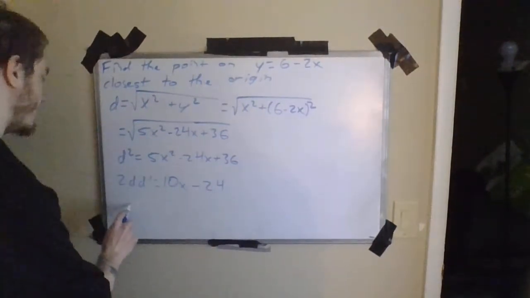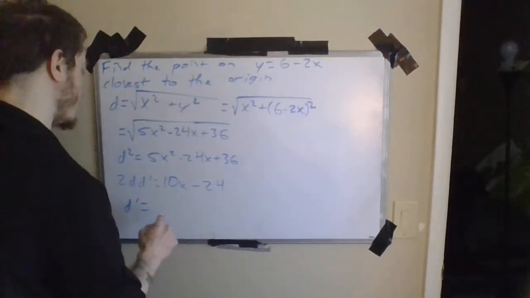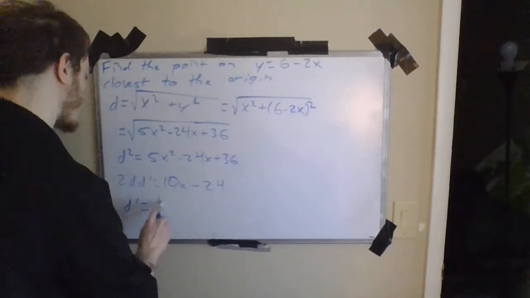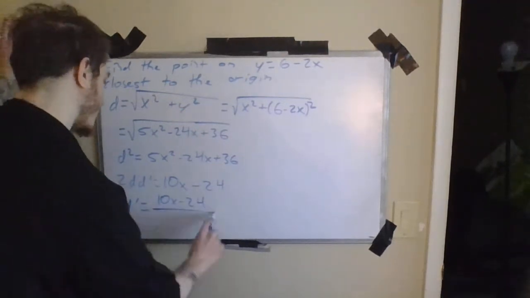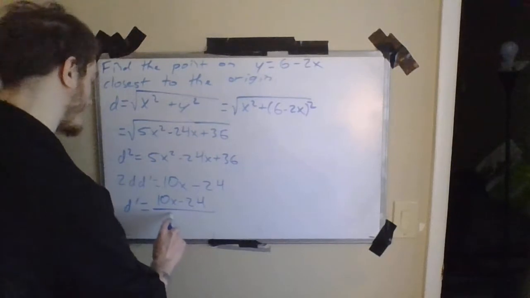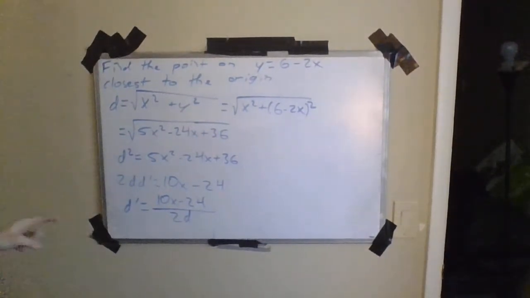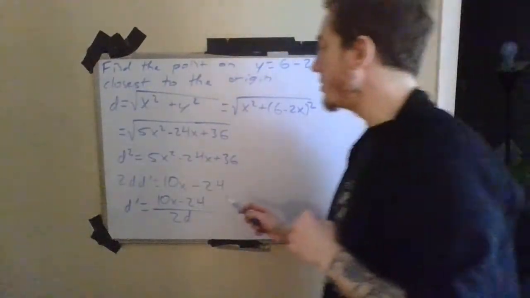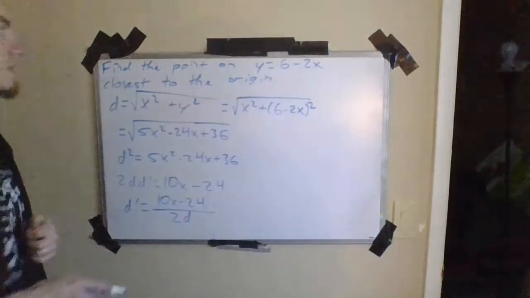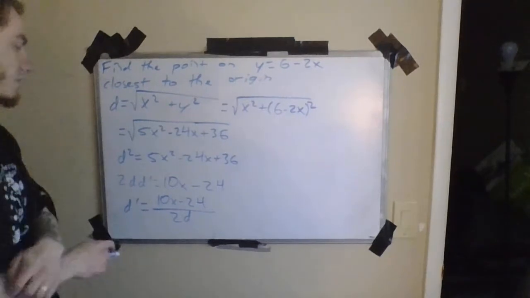And that means that d prime is going to be equal to (10x minus 24) divided by 2d. Now, the reason why I'm writing this as 2d and not bothering to put anything else in is because I'm really only interested in where this thing is equal to 0. And the distance itself is never equal to 0.